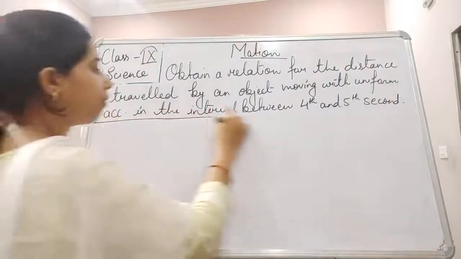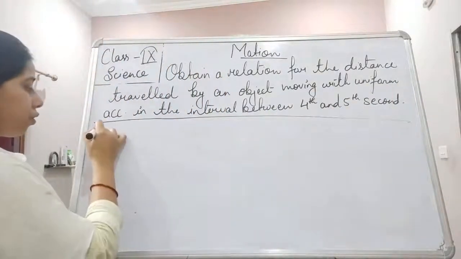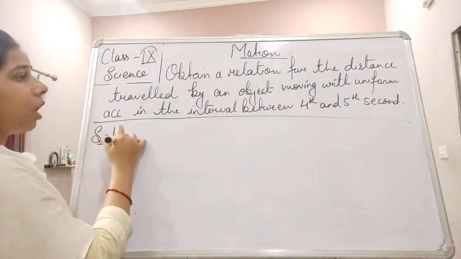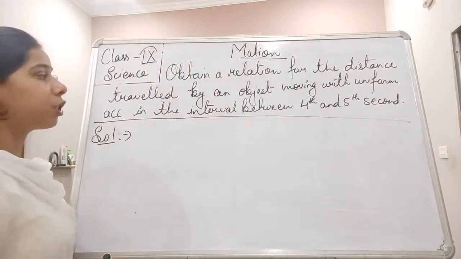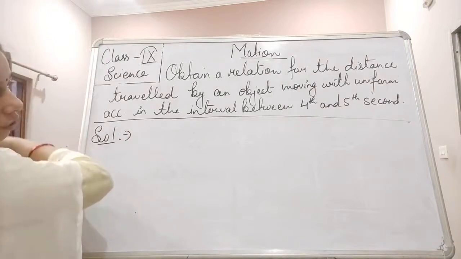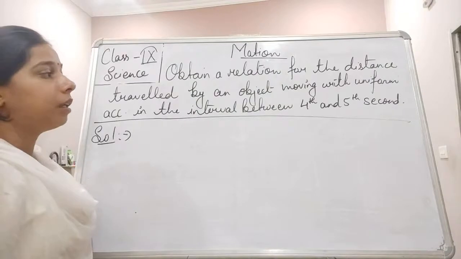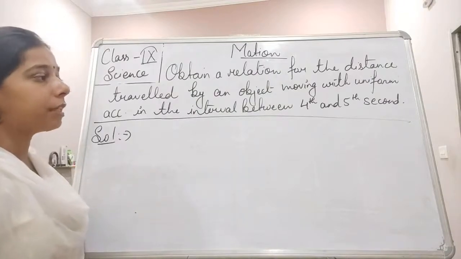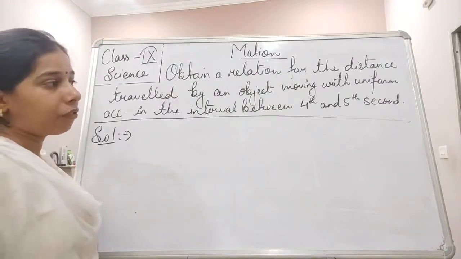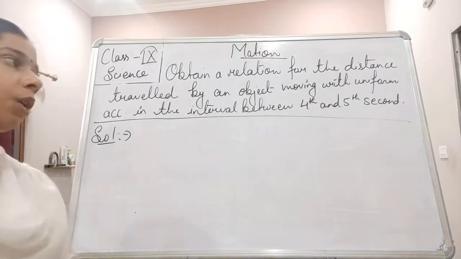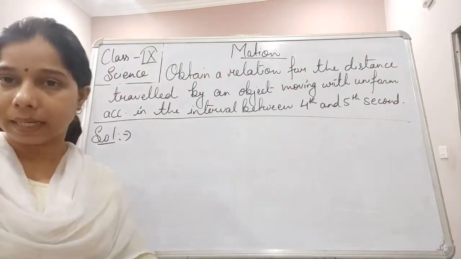Now what we have to find? We have to obtain a relationship for the distance traveled by an object which is moving with a uniform acceleration. So acceleration is uniform here, and we need the distance in the time interval between the 4th and 5th second.